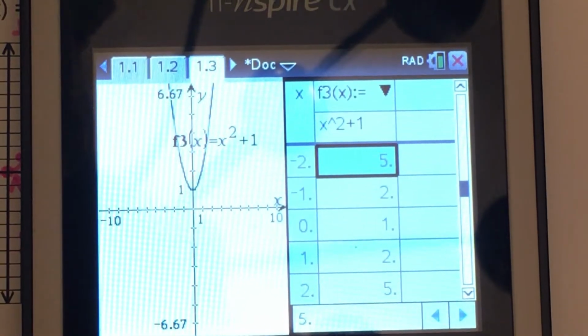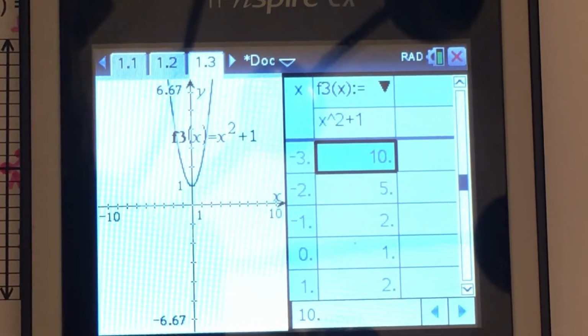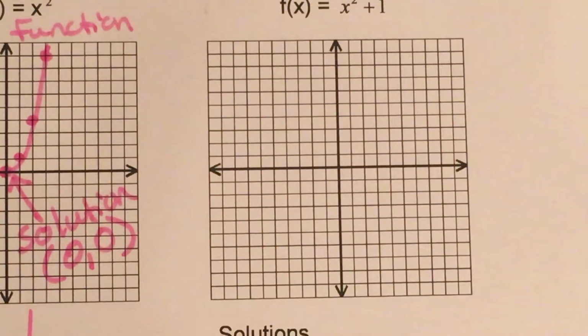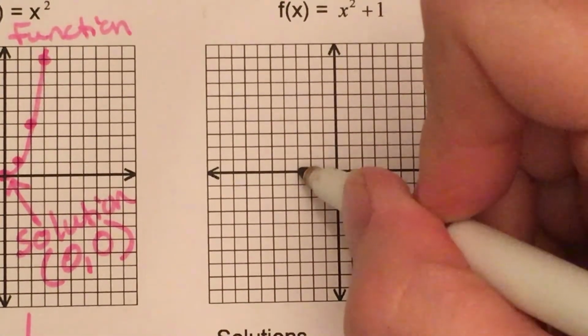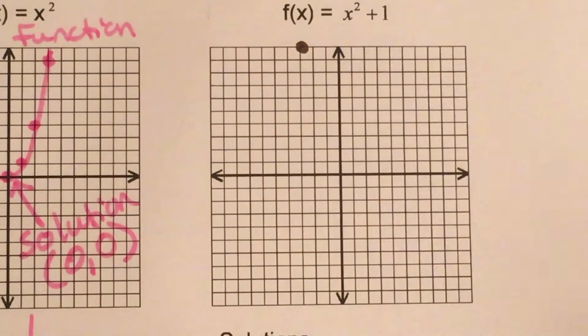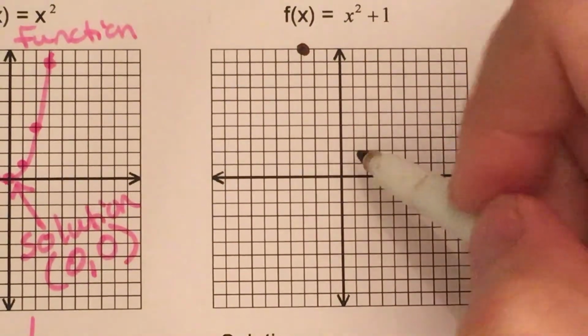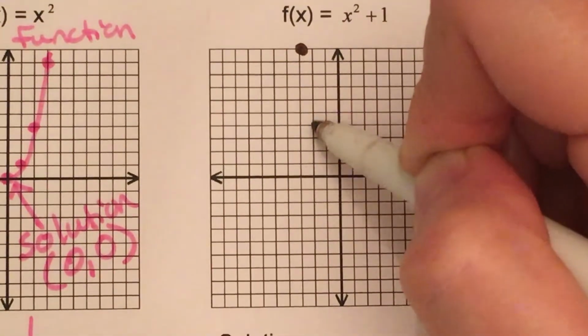And the highest my points will fit is -3, 10. So let's start with that. Left 3, up 10. Left 2, up 5. 1, 2, 3, 4, 5.